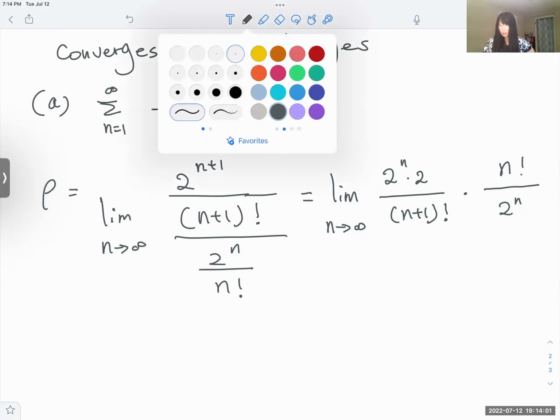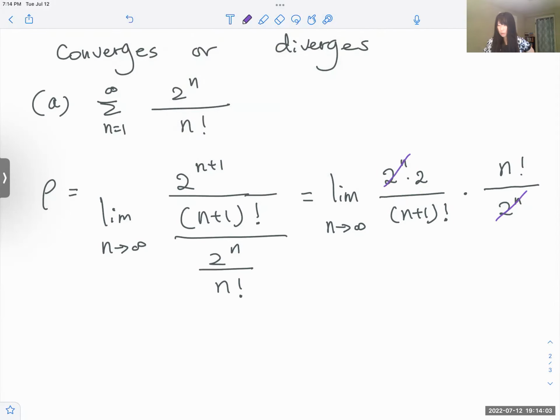So look. And then look, n plus 1 factorial, before that we have n factorial, isn't it? Yes. So we can simplify n factorial with n factorial.